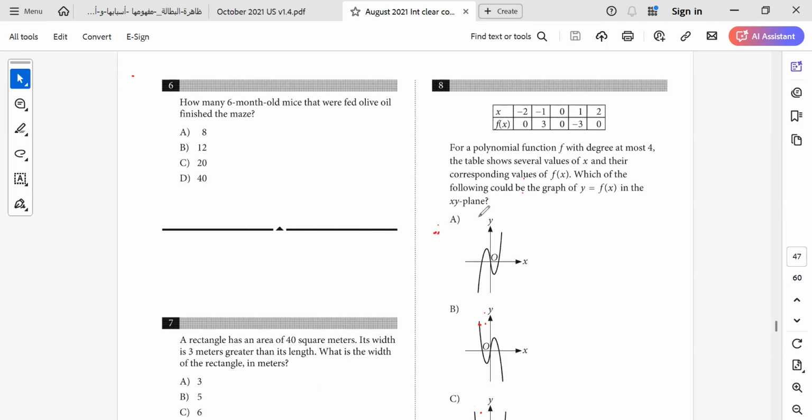Here the points 0 and 0, 1 and negative 3, and 2 and 0 all work. So that's the right answer. All the points do not fit the other graphs; they fit only this graph.